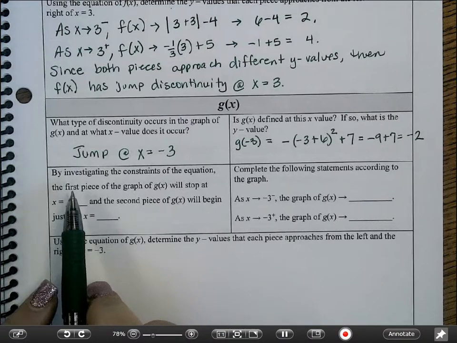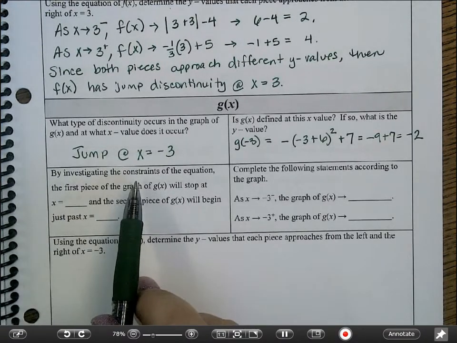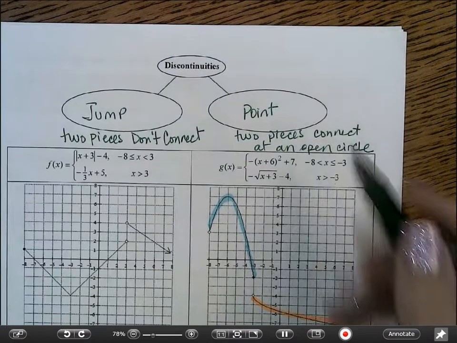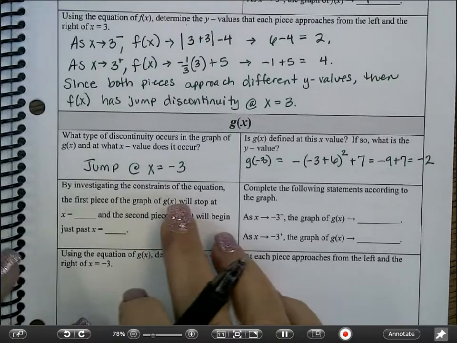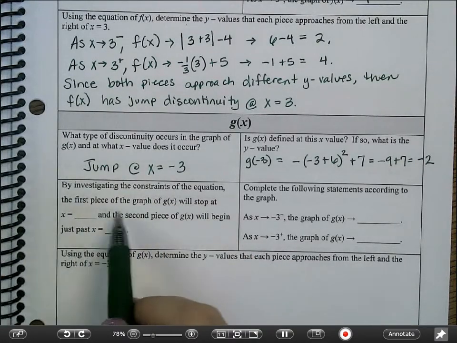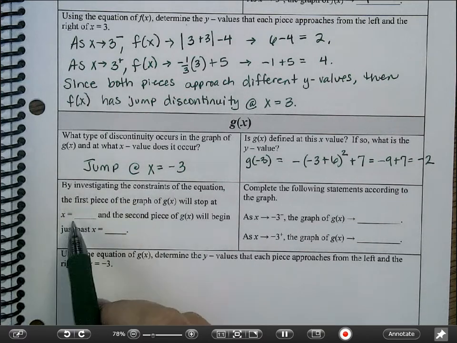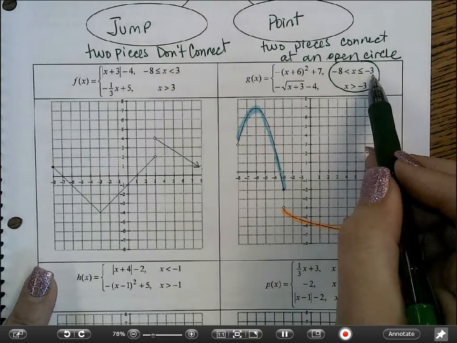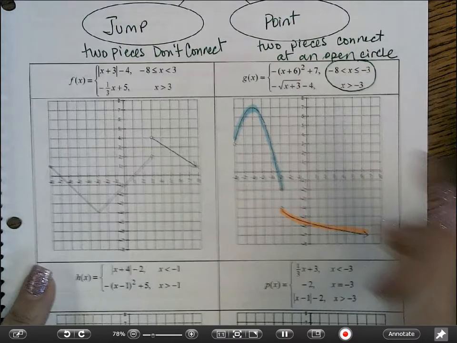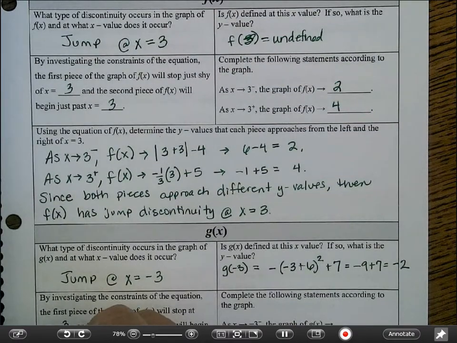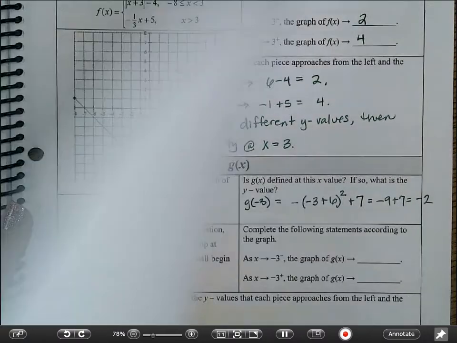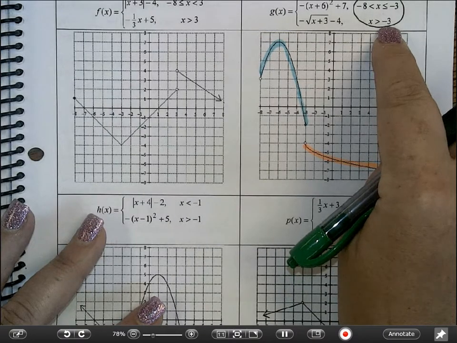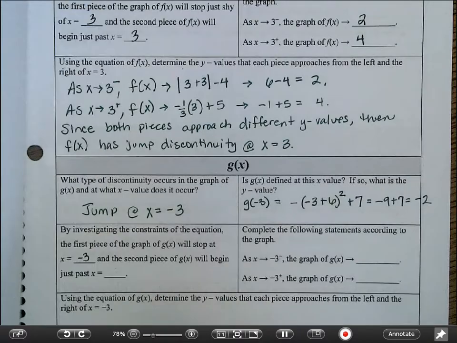And so we could have also looked at the graph and saw that the y value was negative 2. By investigating the constraints of the equation, remember the constraints, the first piece of the graph of g of x will stop at x is equal to negative 3. That's where it's stopping. And the second piece of g of x is going to begin just past x is equal to negative 3, just past that on the other side.